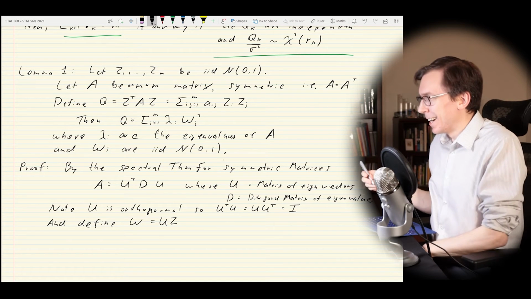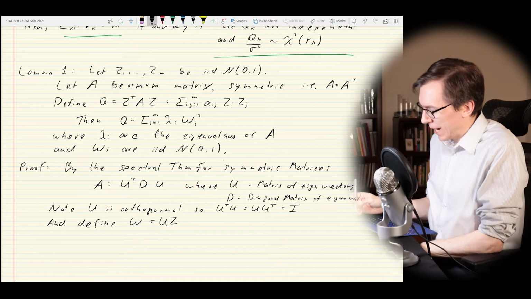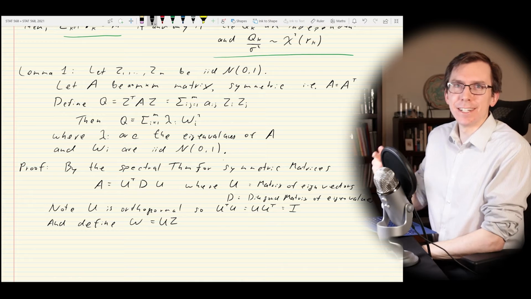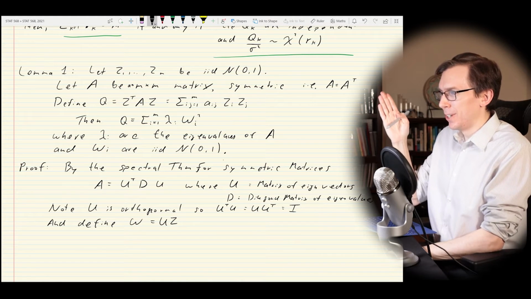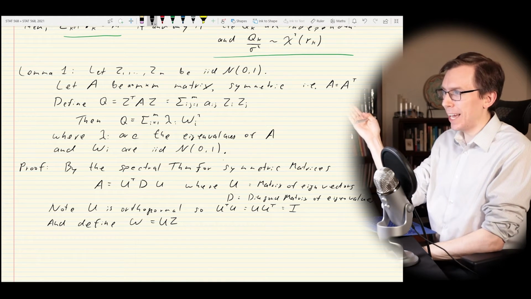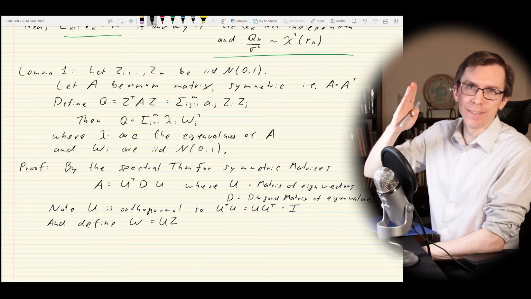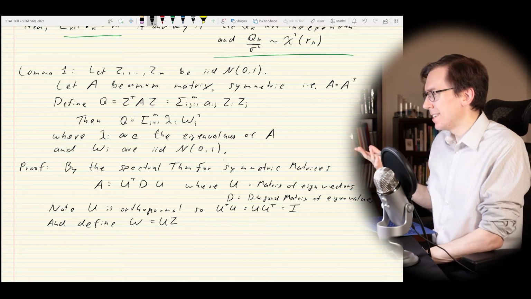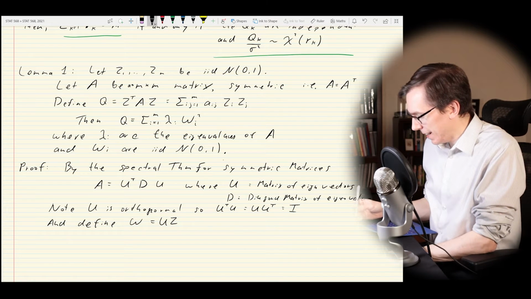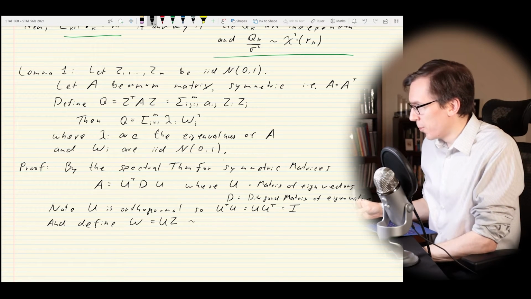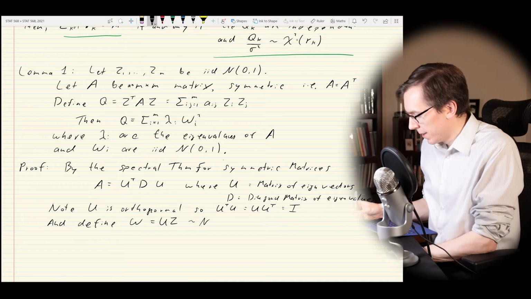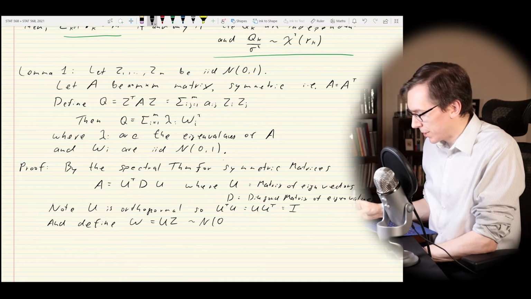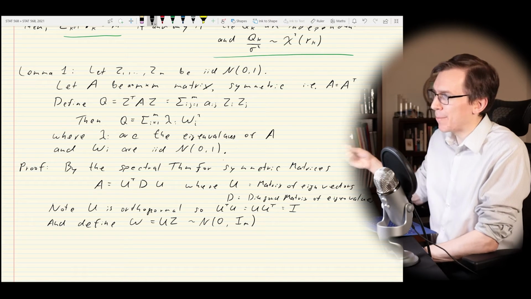So we take Z, which is just our original IID normal vector, and we rotate it to get a new IID normal vector. By rotational symmetry, this thing still has a multivariate normal distribution, I should point out, with covariance matrix being the m by m identity.